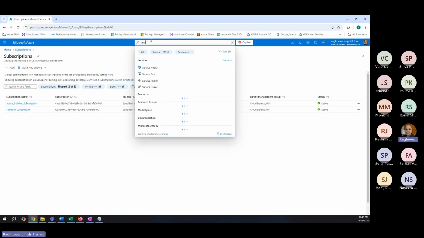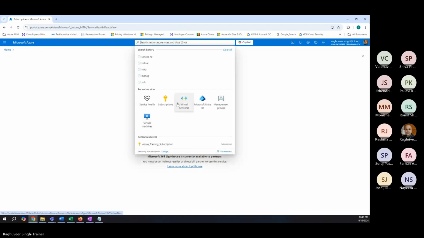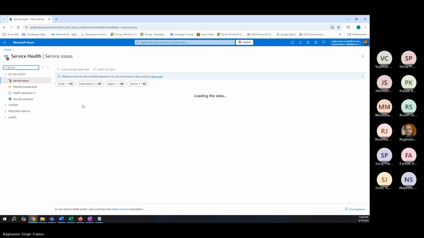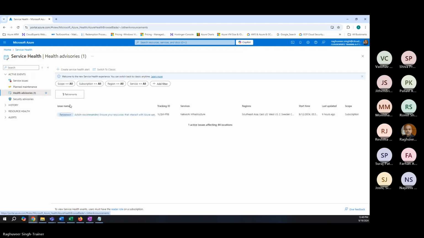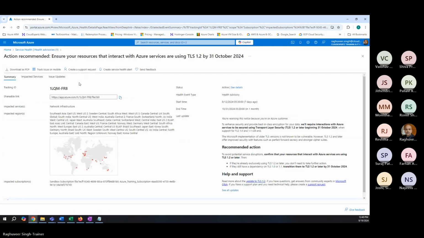Over here, if I go to service health, okay, this is about ensuring your interaction with Azure services uses TLS. So this is another notification, which basically comes here in the health advisory.